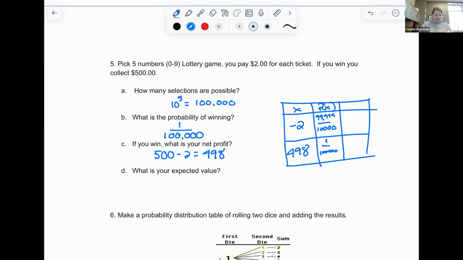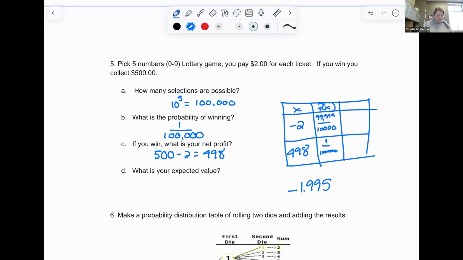I kind of did it all in my calculator and didn't put room for it. I think I did one zero too many because my answer's off by one. Okay, so I put it in the calculator, and I got the expected value to be -1.995.